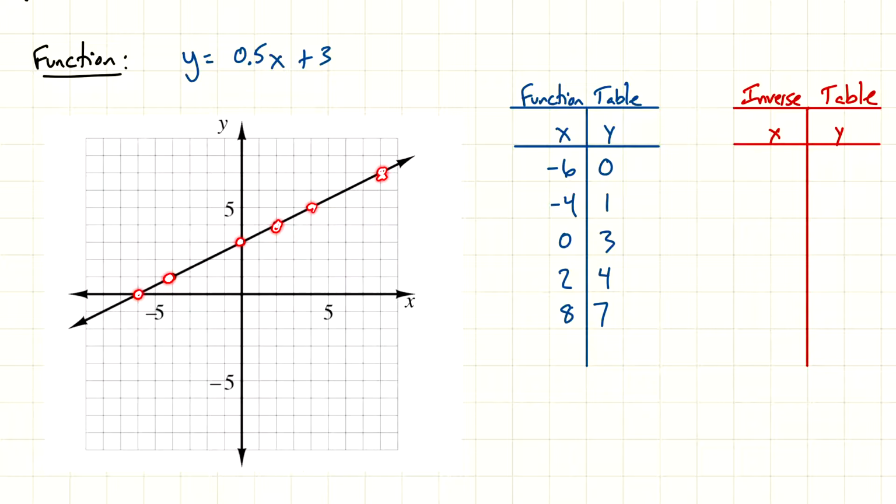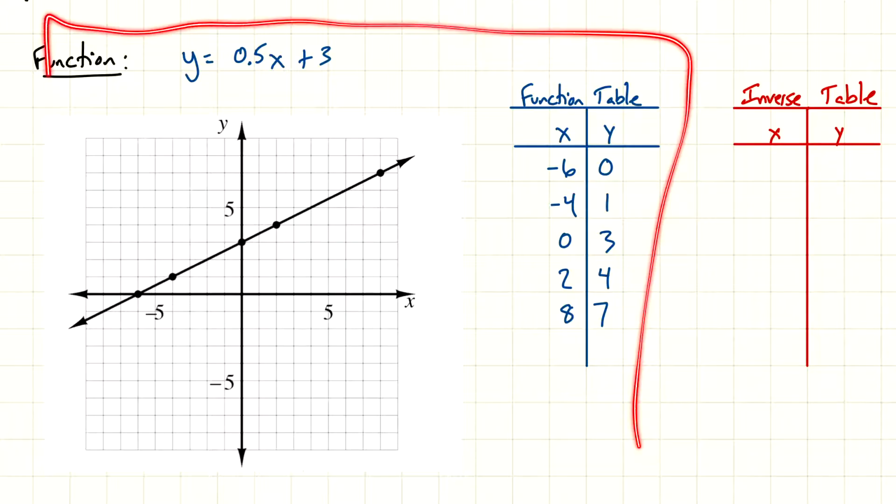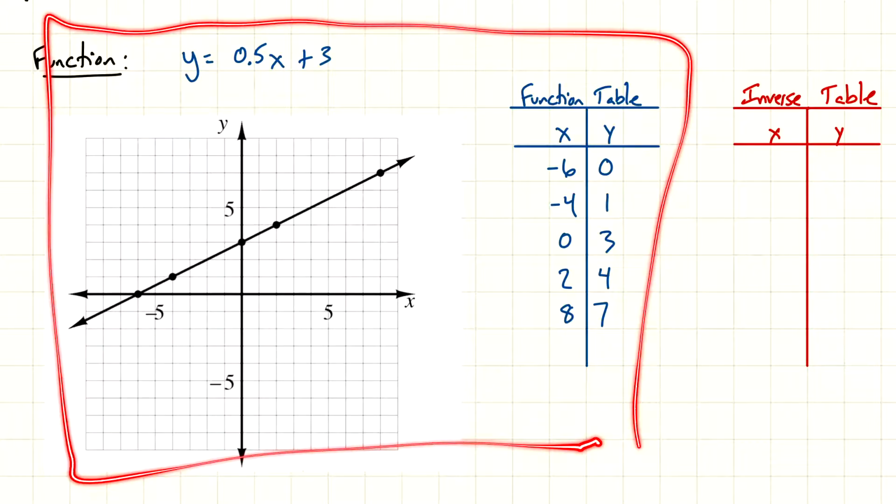If you want to include more of them, definitely you could, because there are a lot more. So definitely make sure you have the main function information copied down: the graph, the table, the equation. This is what we're starting with. Our goal is to end up with the inverse equation.